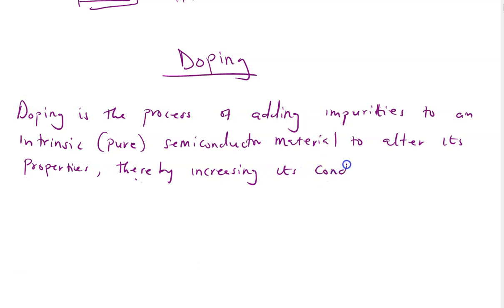There are so many definitions for doping, but this is one of the best ones that you can get. So doping is the process of adding impurities to an intrinsic semiconductor material to alter its properties.